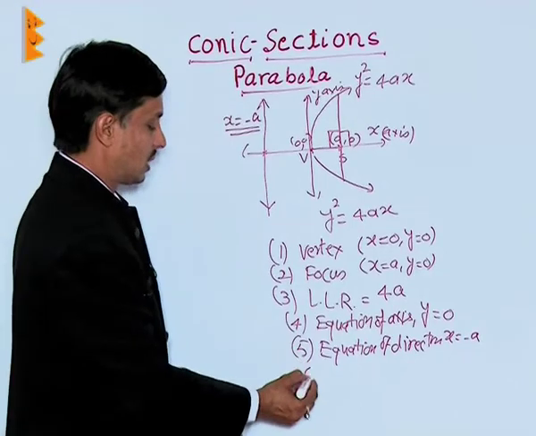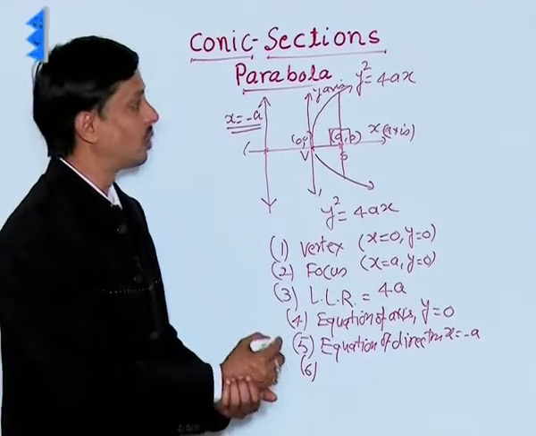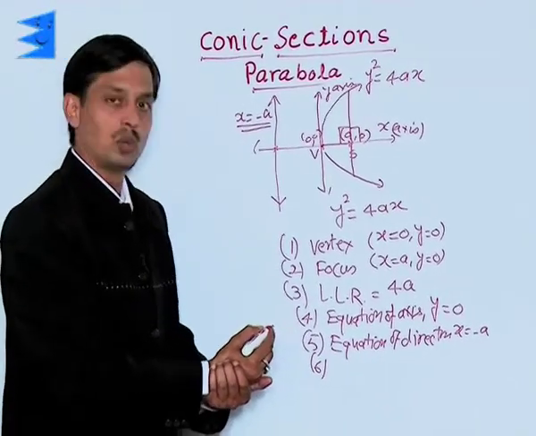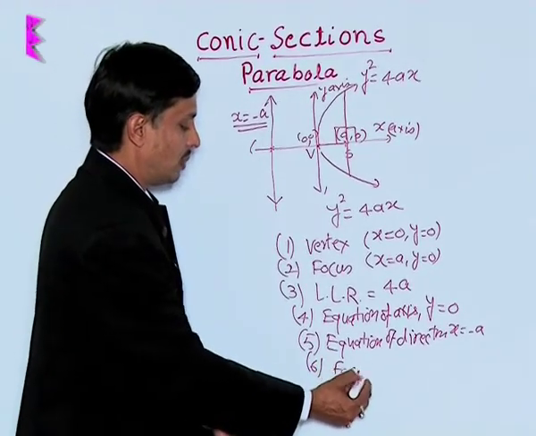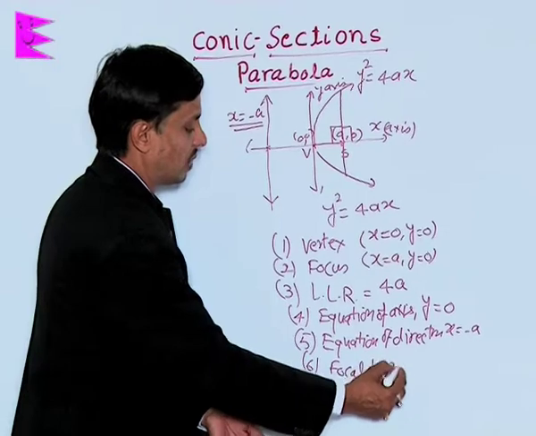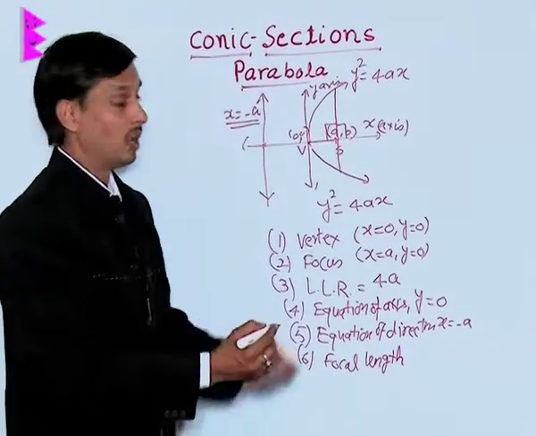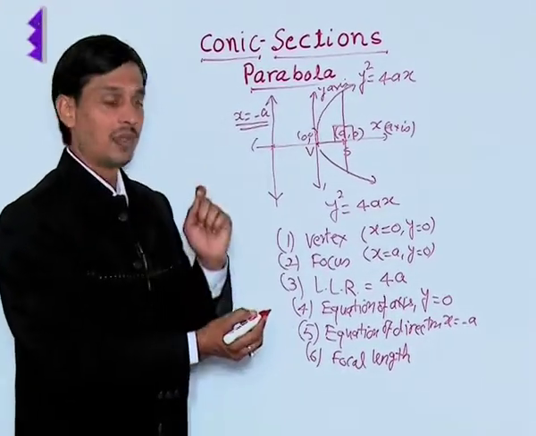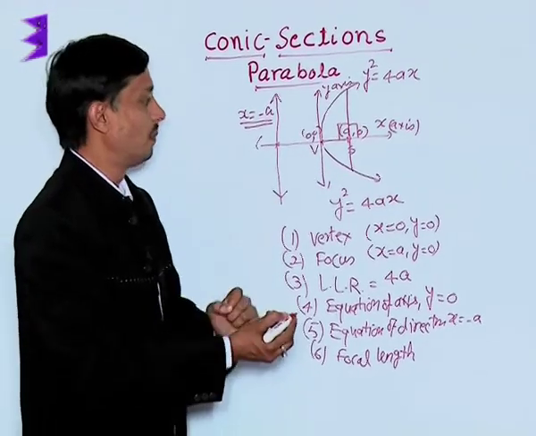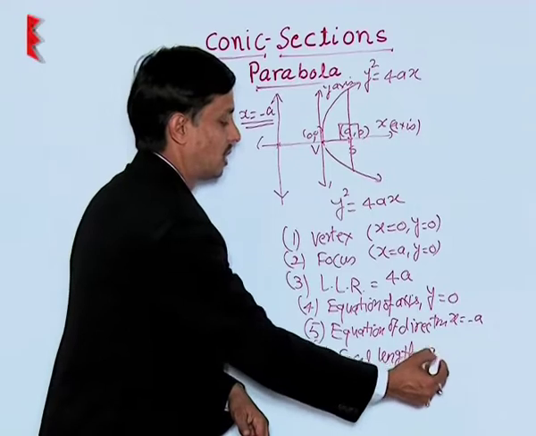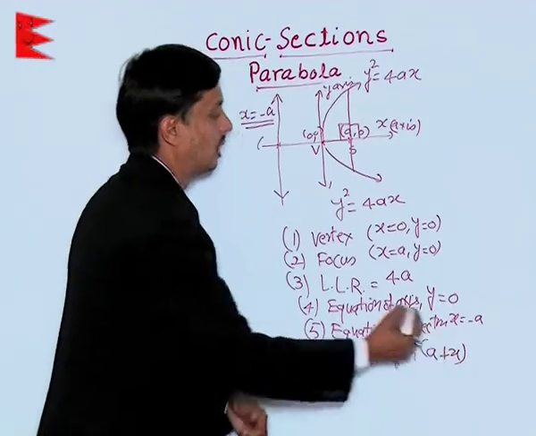And the last concept to understand about this type of parabola y square equals 4ax is the focal length. Focal length means the distance of a point at any time from the focus, and that is given by a plus x.